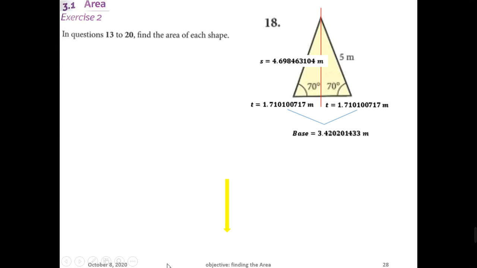Now, since we found the base and the height, we can find the area of this isosceles triangle. The general formula of finding the area of a triangle is equal to half times the horizontal base times the perpendicular height.